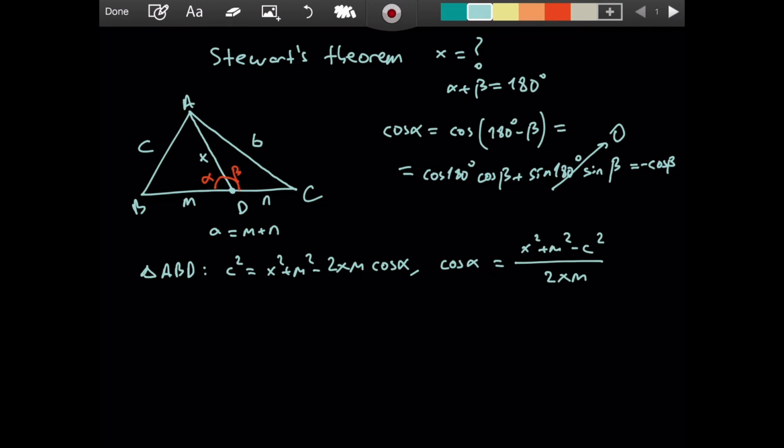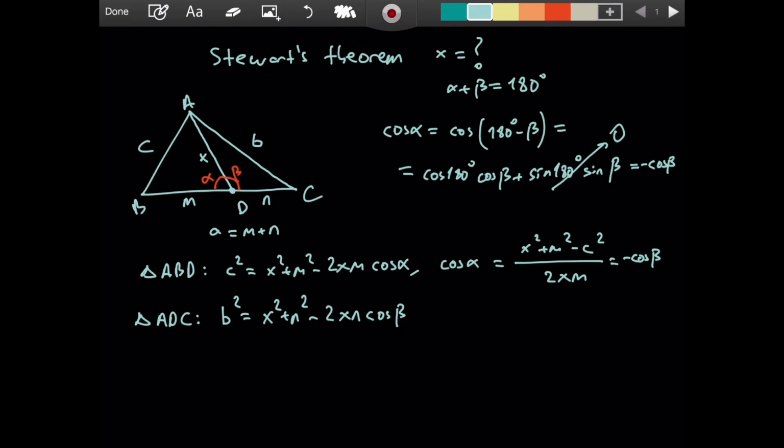Cool. Now, if we focus on the triangle ADC, and express cosine of beta this time, what is the result that we could get? Well, b squared is equal to x squared plus n squared minus 2xn cosine of beta. And what I know is this expression is equal to negative cosine of beta. We just showed that here.